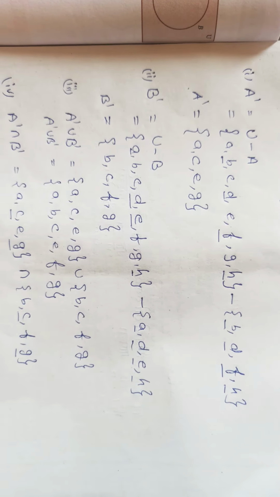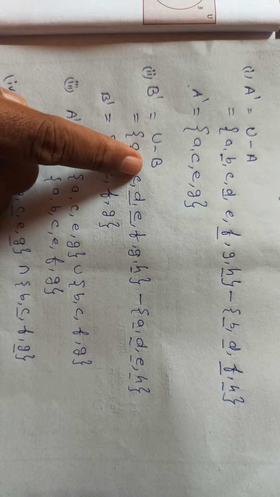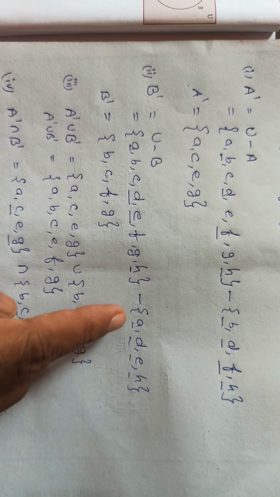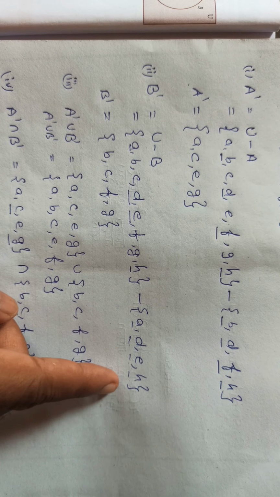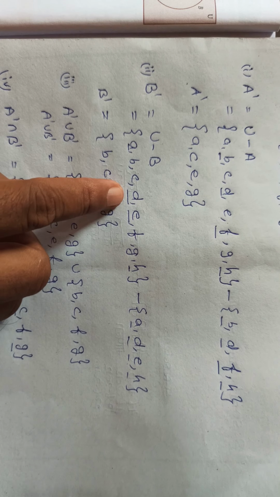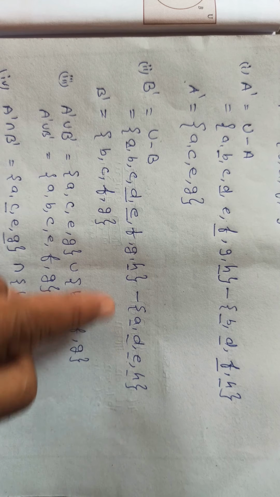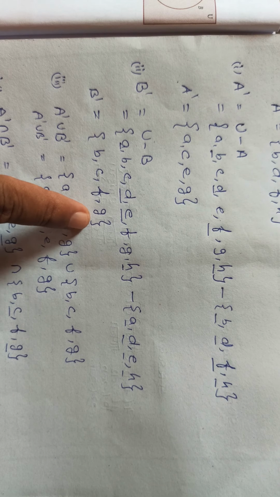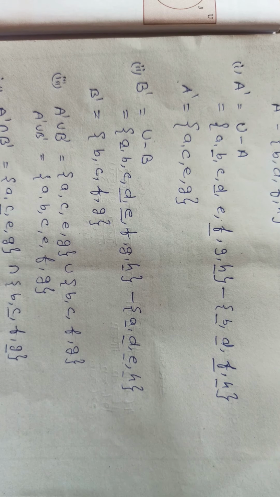Then the next part of the question is B dash. As it comes to B dash, we write U minus B. So we write all the elements of U minus B, and then the common elements are not written: A, D, E, H. Then the elements are B, C, F, G. After that, we need to find A dash union B dash.